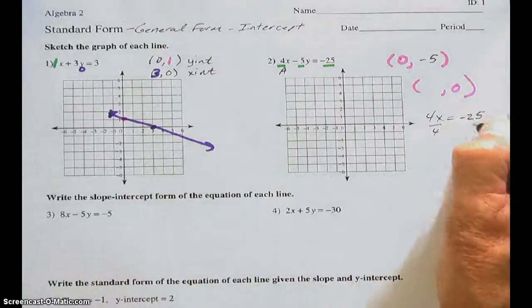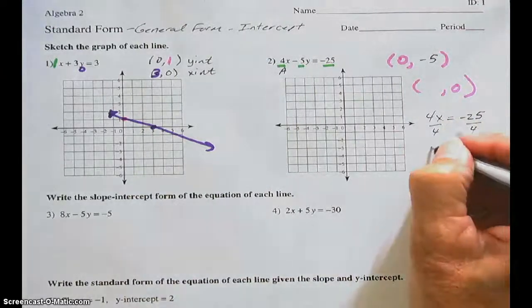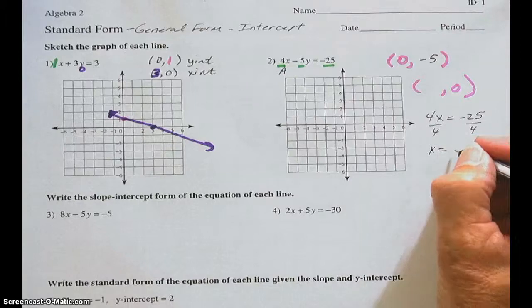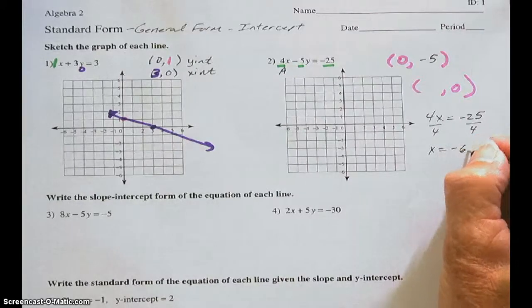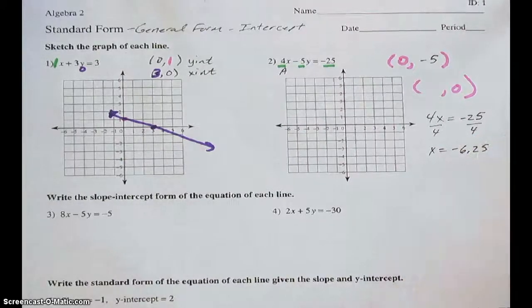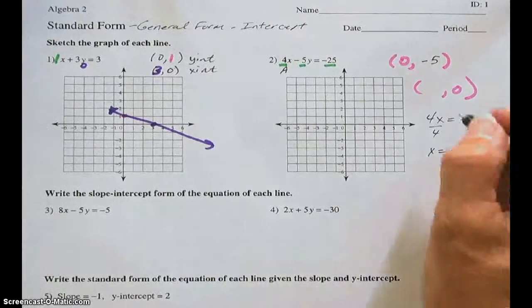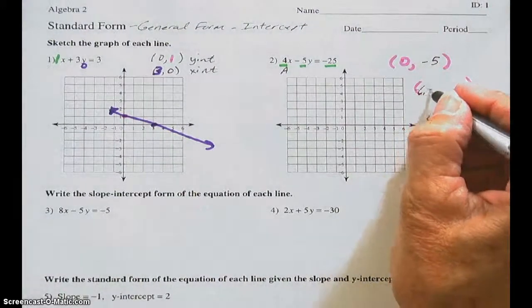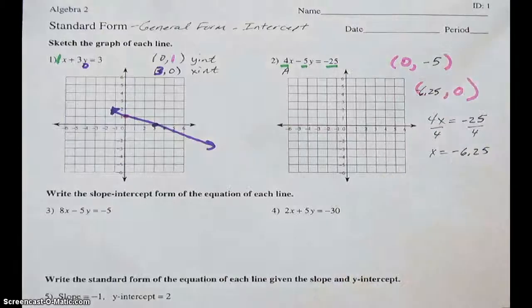Let's solve for x. If I divide both sides by 4, I get x equals negative 6.25. So it's not a whole number. That's all right. That just tells us where it's going to cross the x-axis.